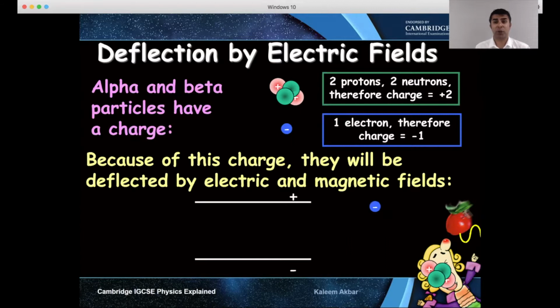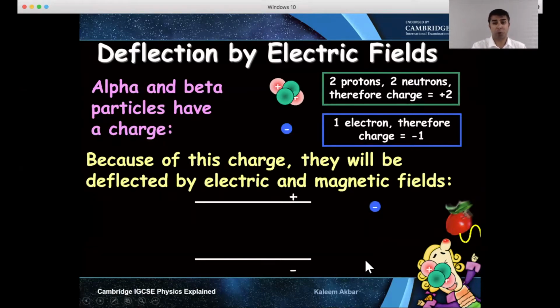Now, earlier we used paper, aluminium, and lead to detect whether radiation was alpha, beta, and gamma. But technically, you could take a Geiger-Müller tube, take it close to the positive plate, and if you pick up radiation, you should understand that it is beta because negative is attracted to positive.